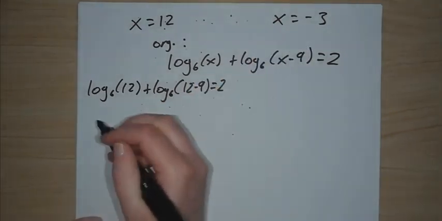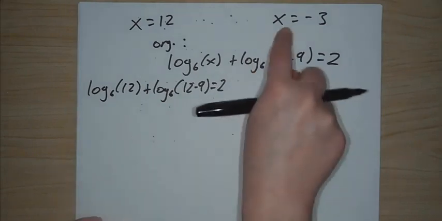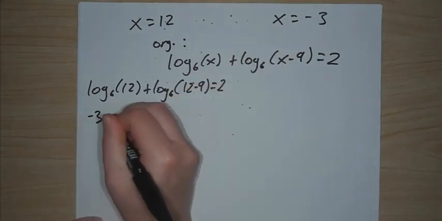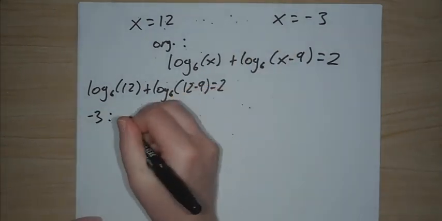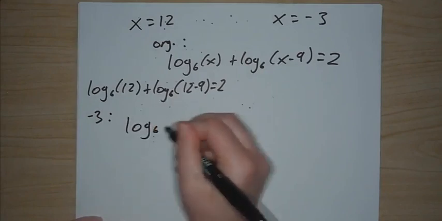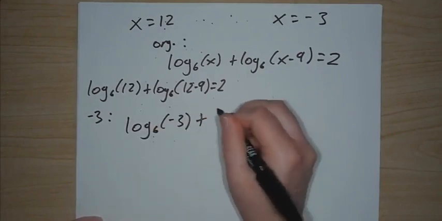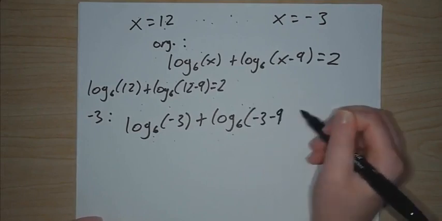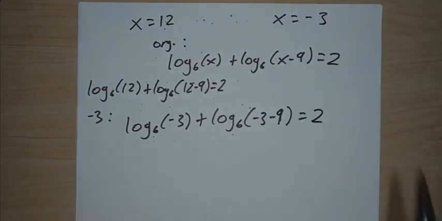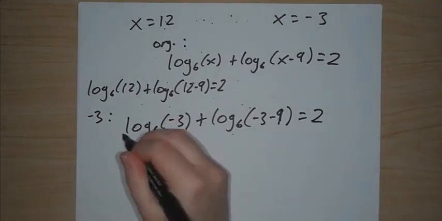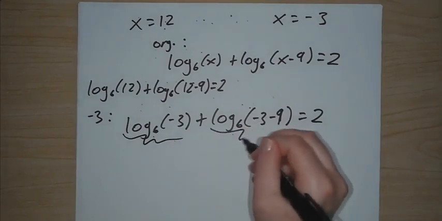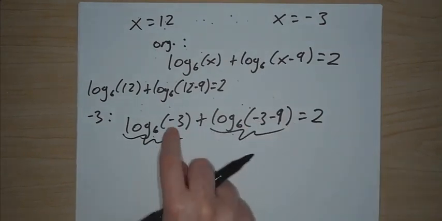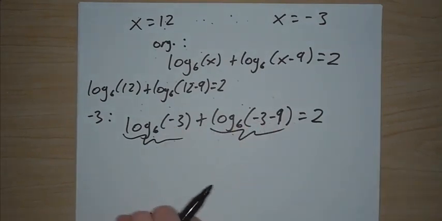So now for x equals negative 3, if we substitute x equals negative 3, we have log base 6 of negative 3 plus log base 6 of negative 3 minus 9 is equal to 2. And now we see a problem. This problem right here is that these logs have a negative value inside of them.